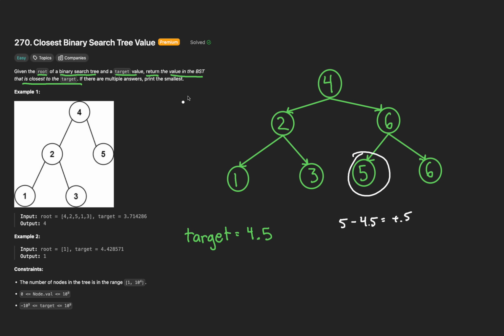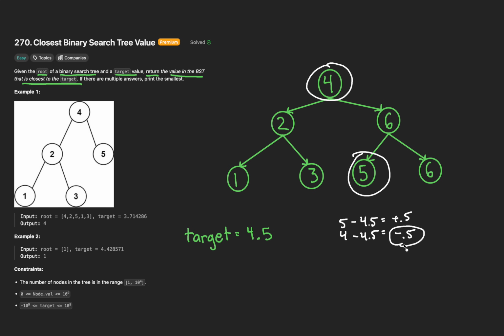Anyway, taking a closer look at our tree, we realize that a node of 4 is also a distance of 0.5 away from our target. And before you say something, yes, my eyesight is mediocre, but this is indeed a negative number. That said, we don't really care.